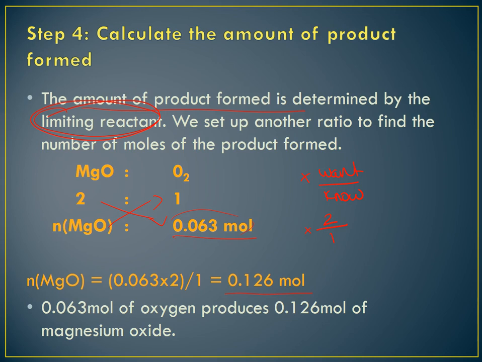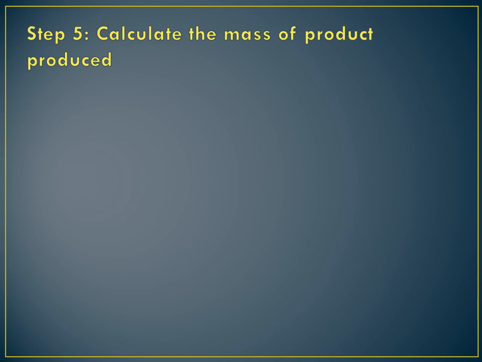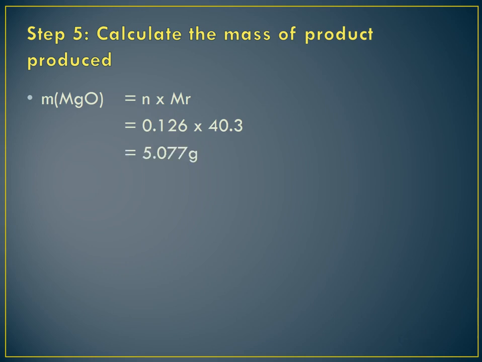The question asked us for mass though, so essentially what we need to do from there is use our n equals m on Mr formula, rearranged for mass. We get 0.126 mole multiplied by 40.3, giving us 5.077 grams is the amount of product that we would expect to produce.